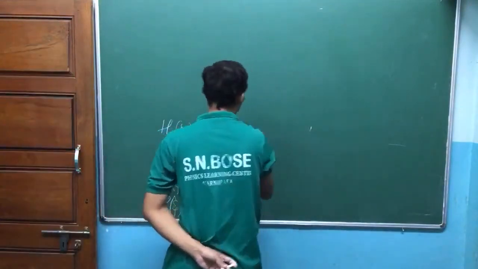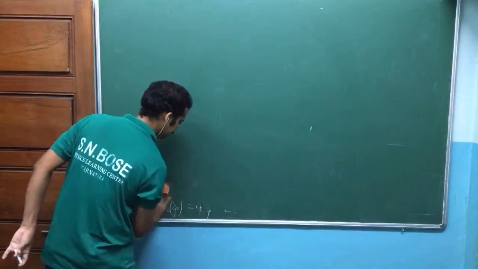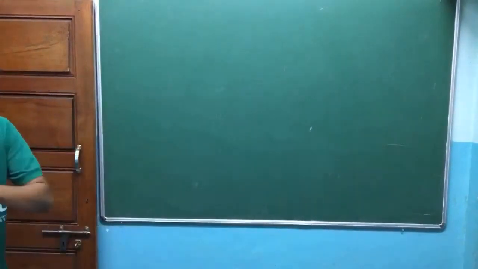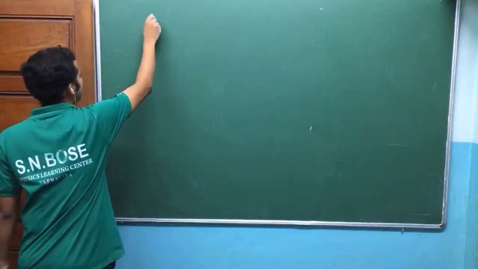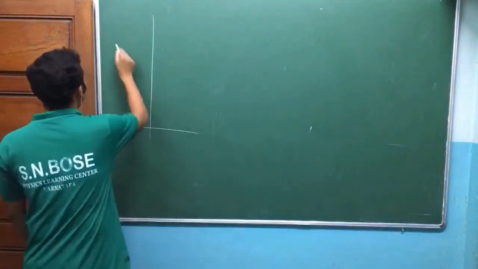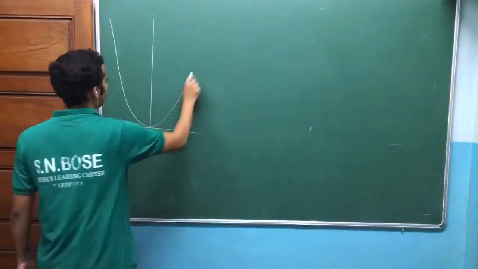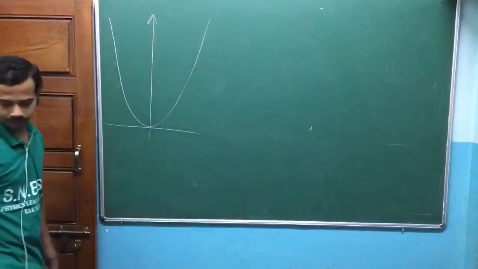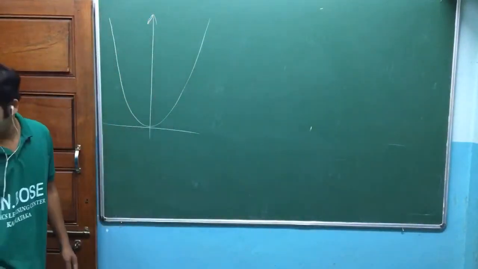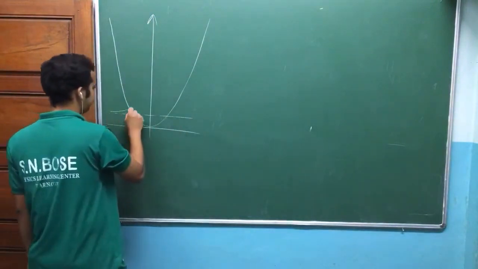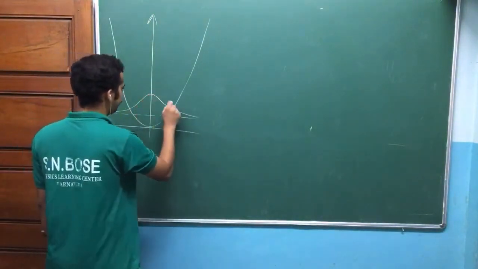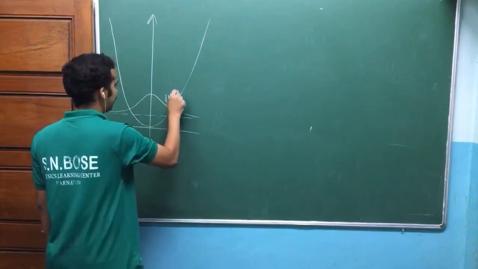Because I want to interpret something. So let me plot mod psi naught square. This is the potential. Let me plot mod psi naught square, n equal to 0.